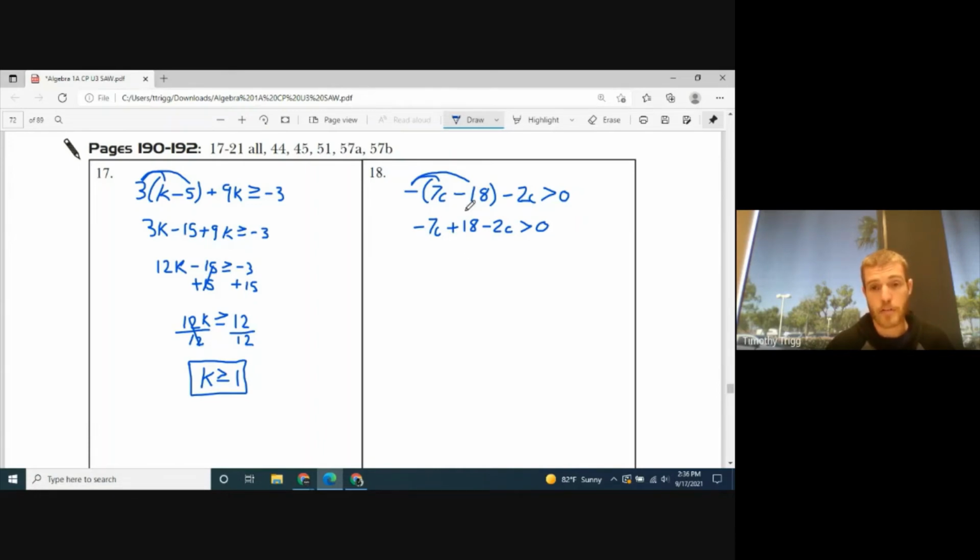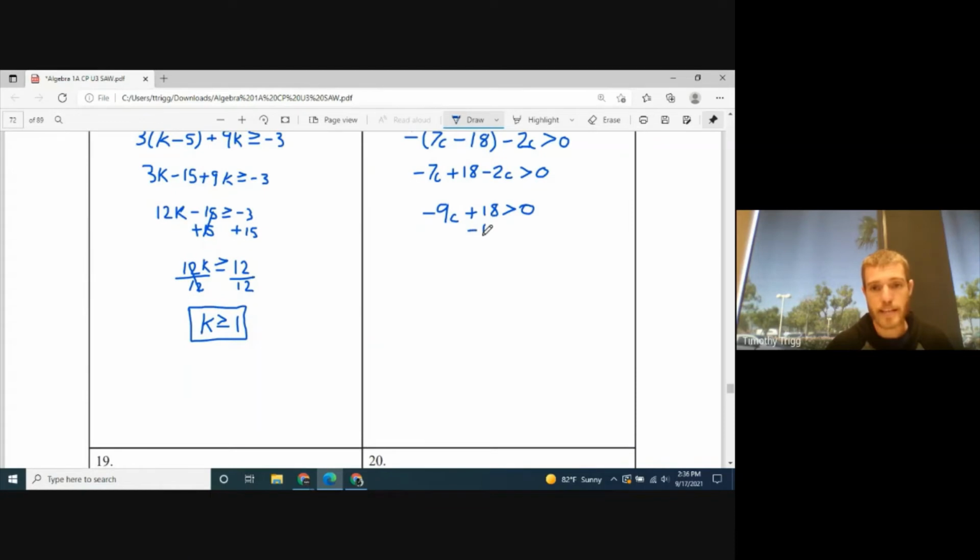Okay. Now on this left side, I can combine the negative 7c and this negative 2c to make negative 9c. We have a plus 18 is greater than 0. Subtract 18 to both sides of the inequality to help us get c by itself. Then we have negative 9c is greater than negative 18.